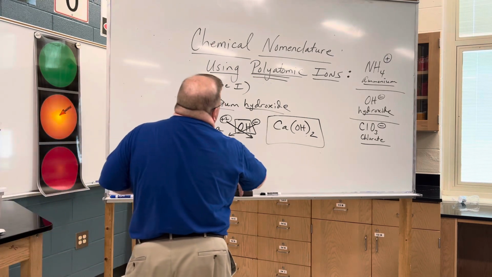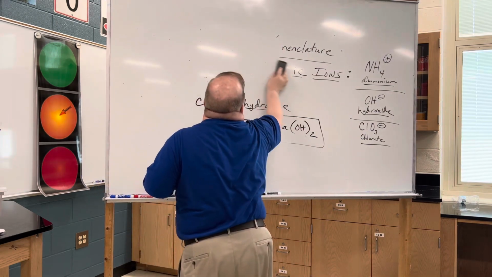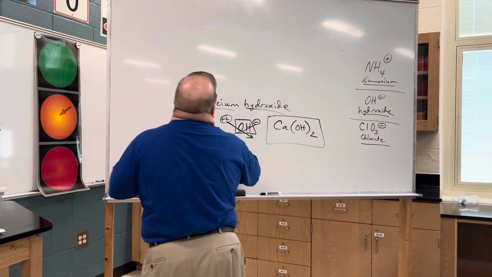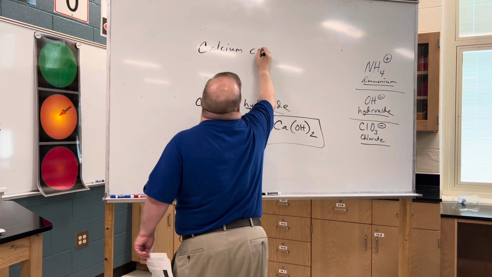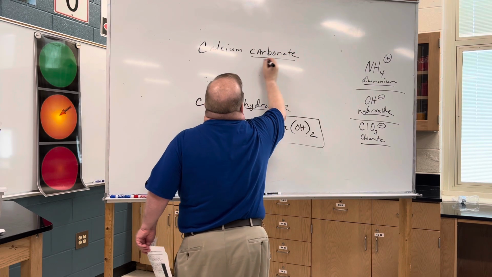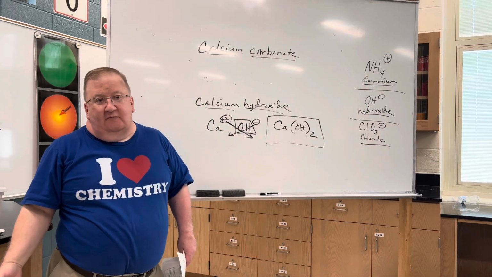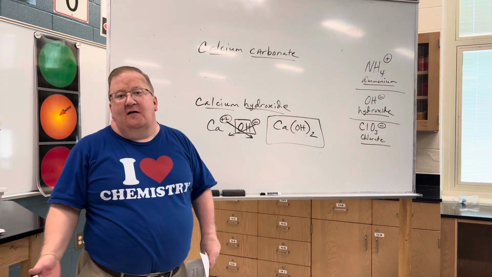So let's do another one, and let's say it's going to be calcium carbonate. Well, carbonate, we know that's not something that you're going to look up on a periodic table. It doesn't end in IDE for one thing, so it must be a polyatomic ion.